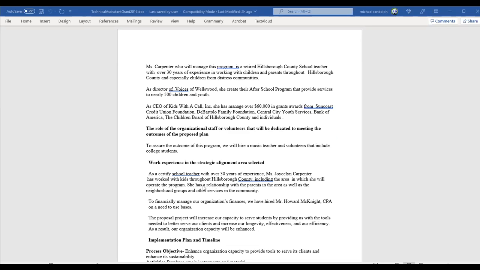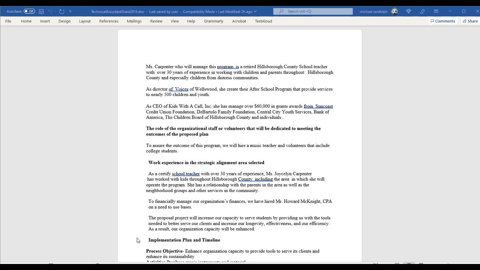As a certified school teacher with over 30 years of experience, Ms. Jocelyn Carpenter has worked with kids throughout Hillsborough County, including the area in which she will operate the program. She has a relationship with the parents in the area as well as the neighborhood groups and other services in the community.